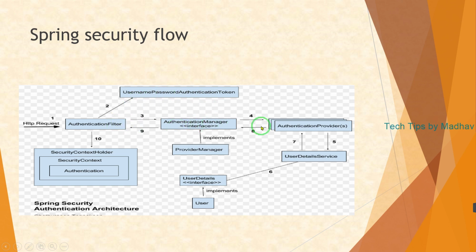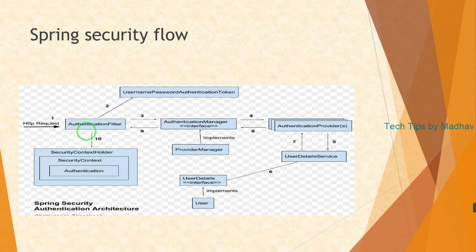The manager will share the same information to the provider. The provider will validate the user-entered information against the registered details available inside the user detail service. If both details match, the provider will create one successful authentication object that will be kept inside the security context.